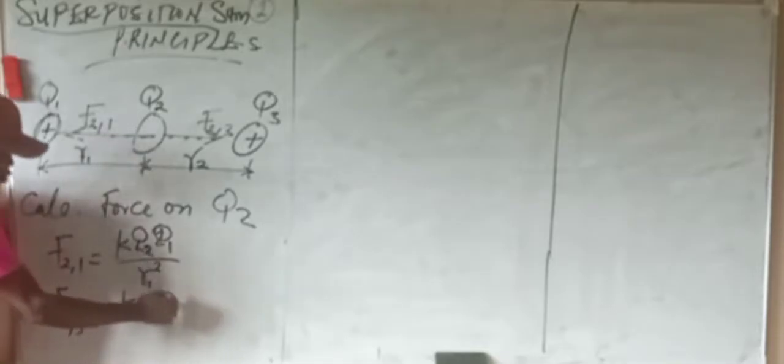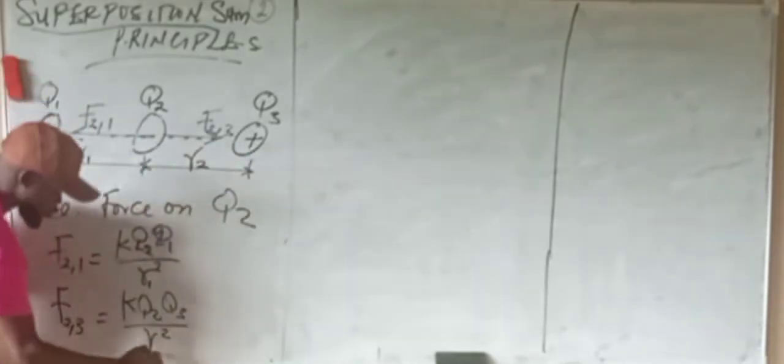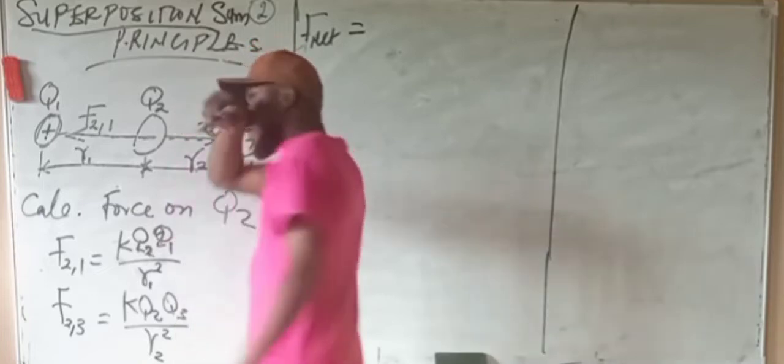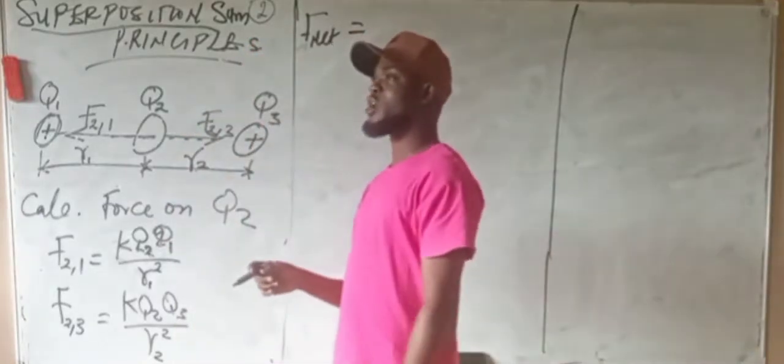F23 will be K Q2 Q3 over r squared, where the distance between Q2 and Q3 is r2 squared. So we calculate the first force this way, calculate the second force this way, then we add them together. The net force will just be equal to the sum.